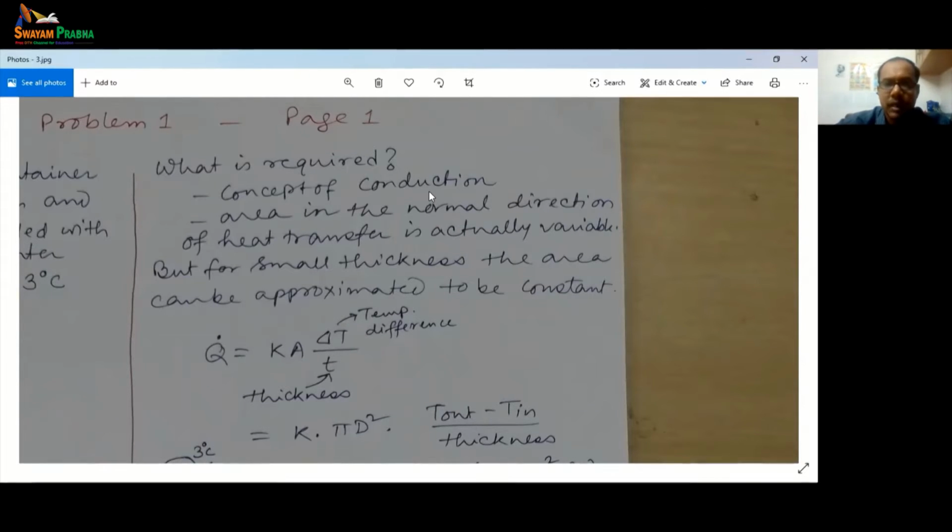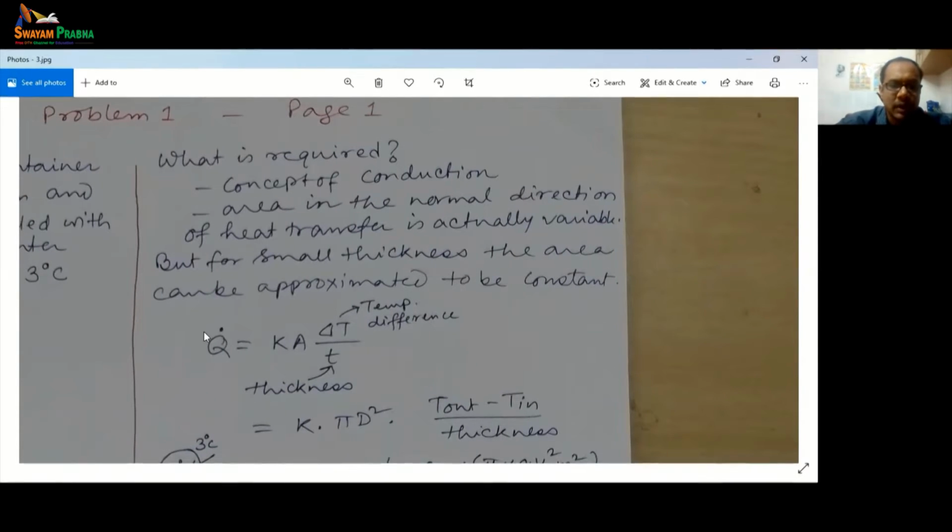You may or may not have been introduced to this concept of conduction. I am not assuming that, but the basic school level heat transfer, the phenomenological equation that you are familiar with, the law of cooling or very basic conduction concept, that's all you will need here.